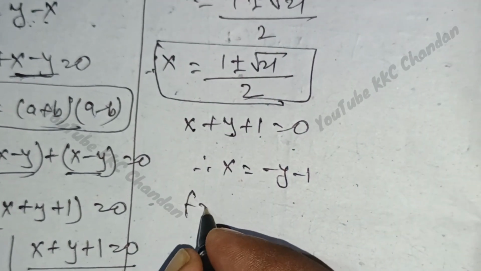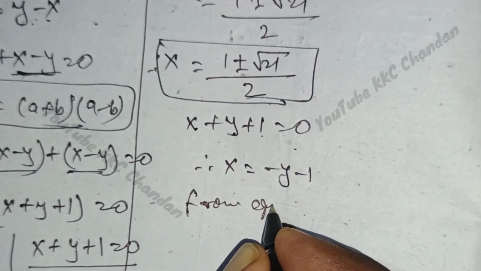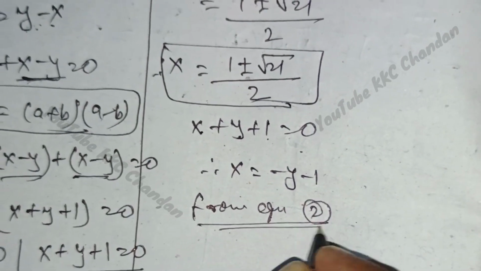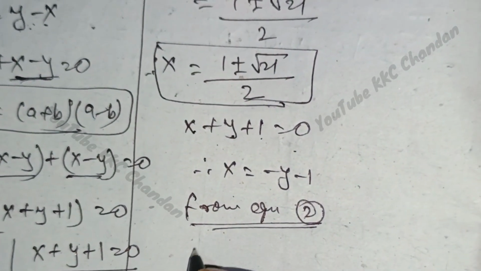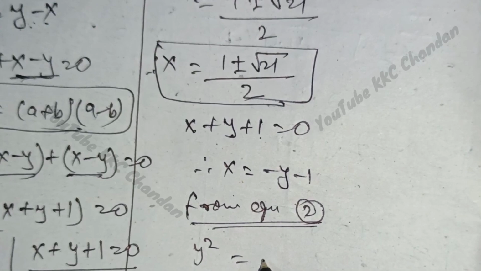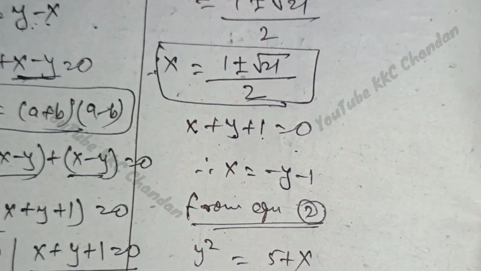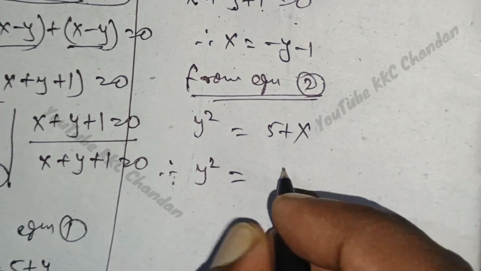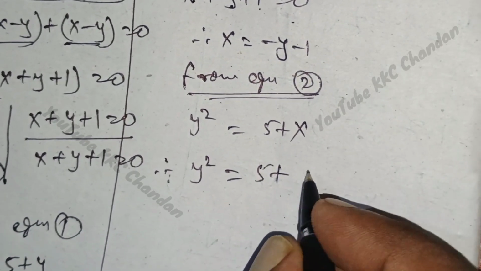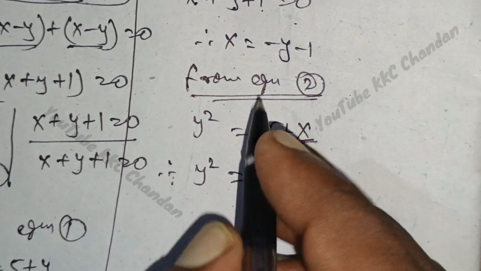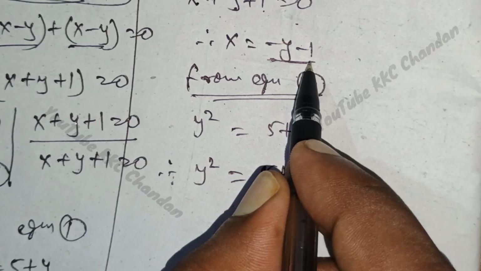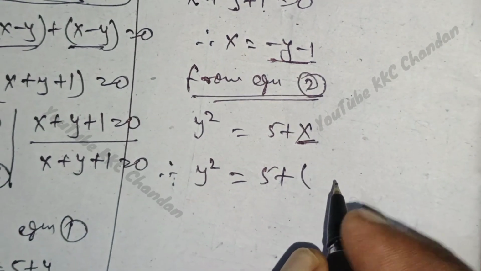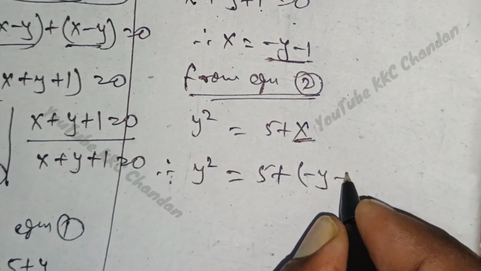From equation number 2, y square is equal to 5 plus x. Therefore, y square is equal to 5 plus, in place of x, see here, x is equal to minus y minus 1, so minus y minus 1.